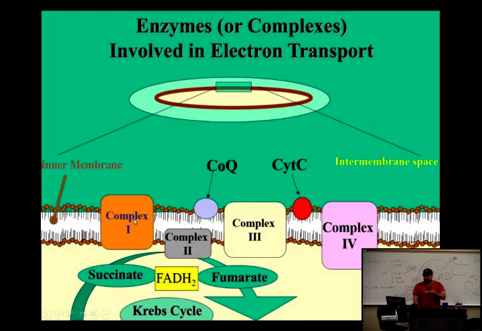These are made of a lot of different parts that I'm not going to make you know. But you need to know the order that this occurs in. And there's a reason for that. So I'm going to erase all this, and we're going to draw this.